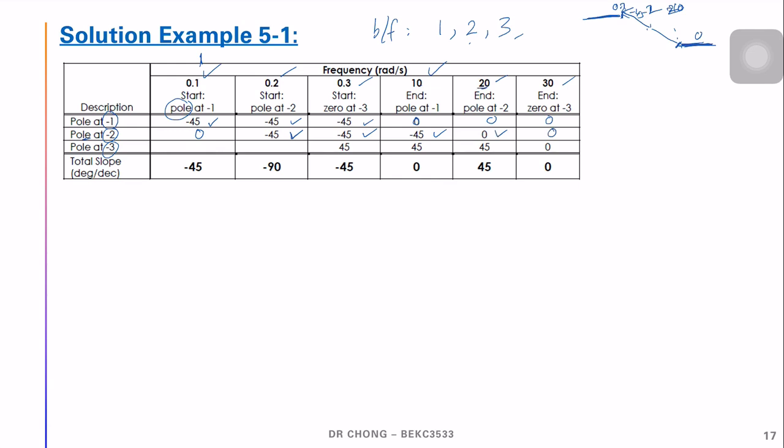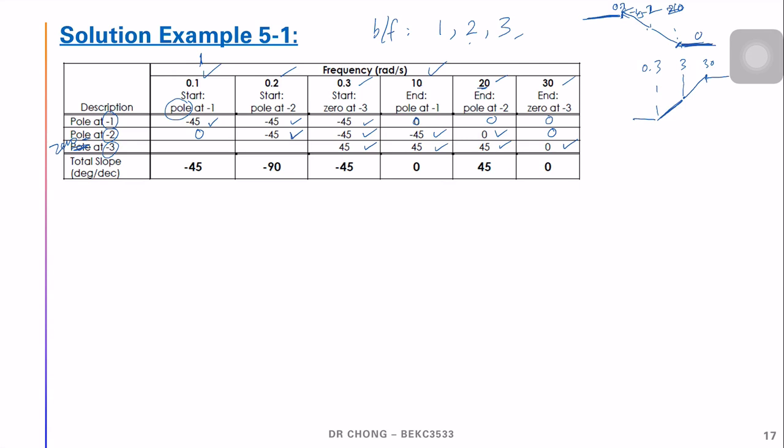Now for the zero at 3, the zero at 3 means it's increasing. Like this is 3, so this is 30, this is 0.3. So it goes like this. So for 3, 0.3, increasing is 45, 45, 45. So 30 is 0, right?